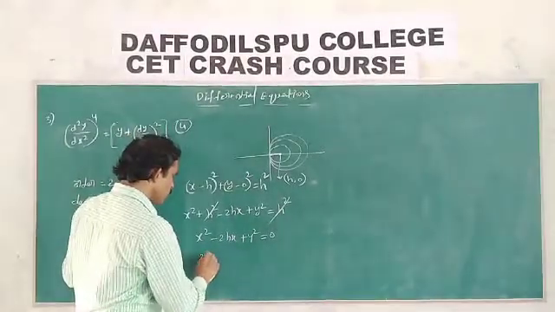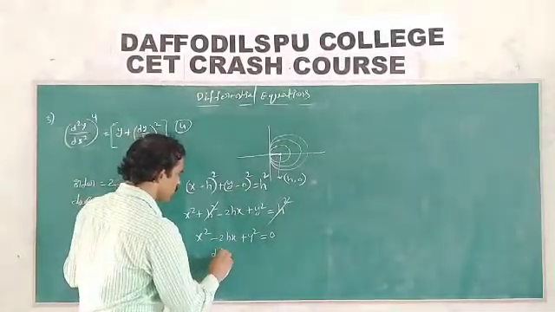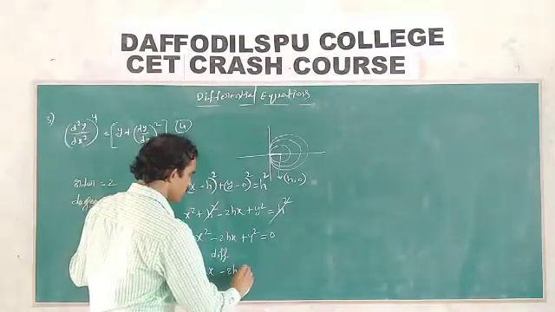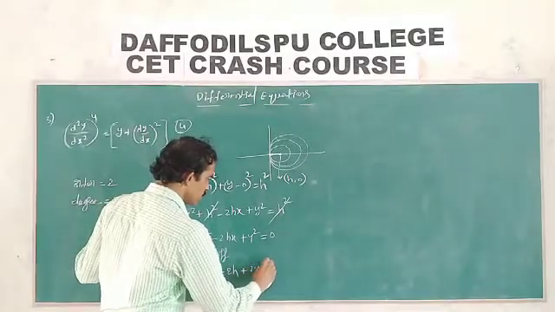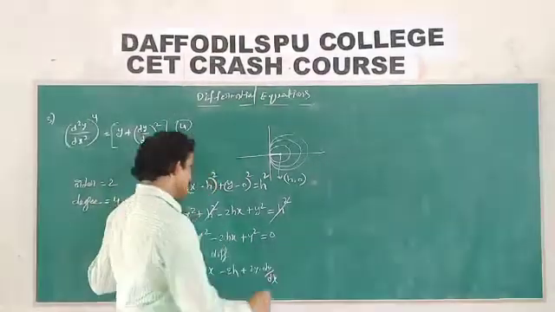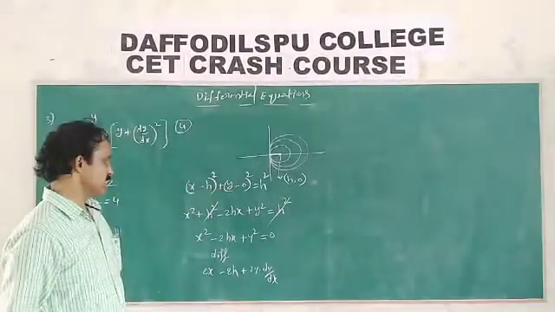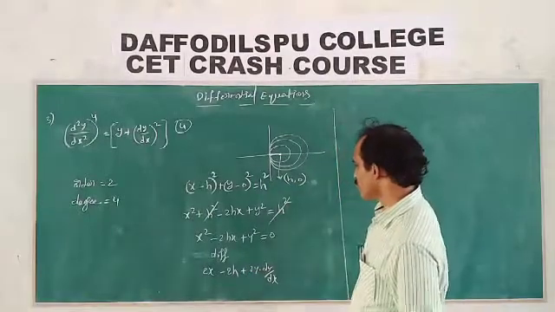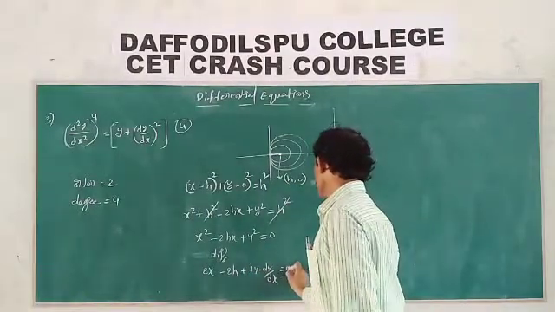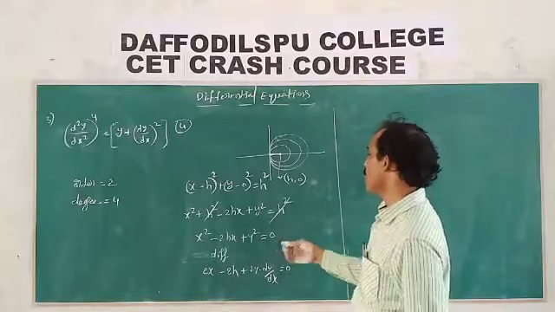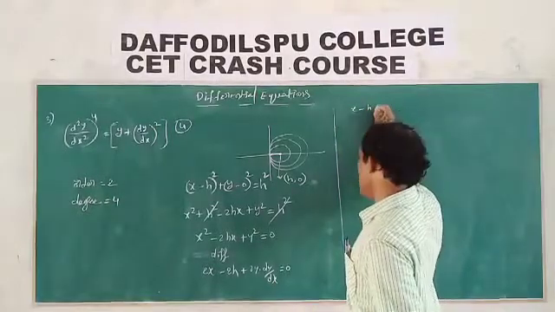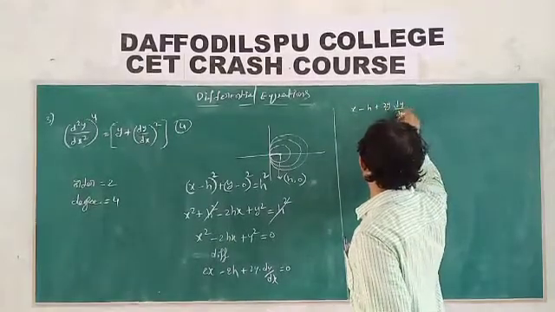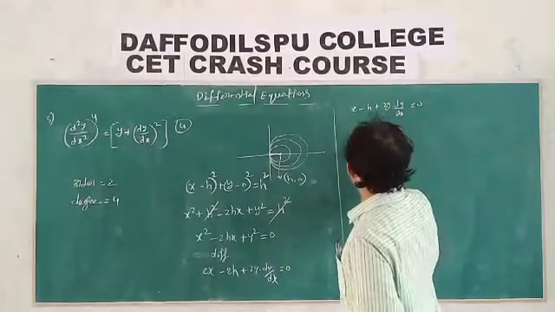Right. Differentiate with respect to x. 2x minus 2h plus 2y dy by dx. So remove the 2: x minus h plus y dy by dx is equal to 0.